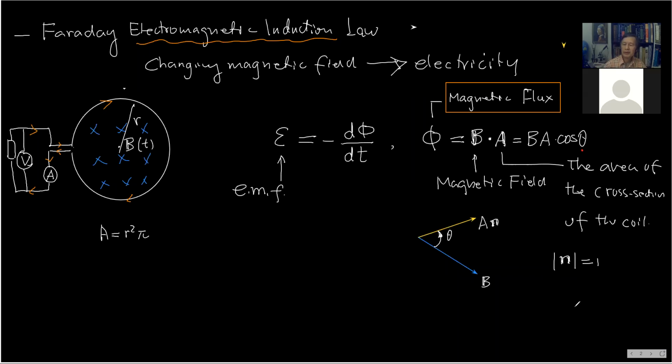For example, if n is parallel to the vector A, but A is not a unit vector, how can we write n? You have to use A divided by its magnitude in order to get a unit vector. Can you see that? Sometimes we just consider A as a vector. That's all.